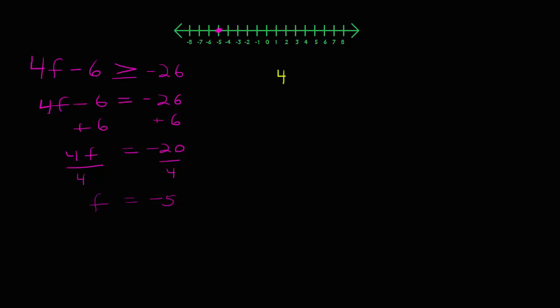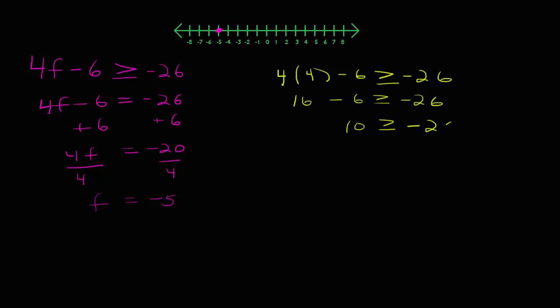So we've got 4 times 4 minus 6. Is that greater than or equal to negative 26? 16 minus 6 greater than or equal to negative 26, and I get 10 is greater than or equal to negative 26. That's a true statement.